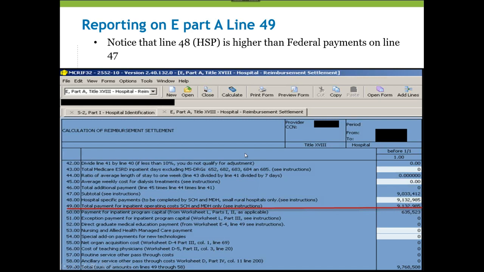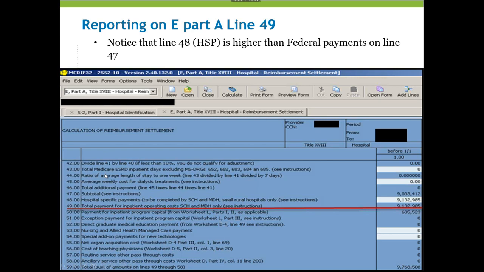So let's talk about how this gets reported on the cost report. Now this carries over a little bit from the other YouTube video discussion, but in this case on E Part A, when we get to line 47, line 47 is the sum of all the different federal payments up to that point.